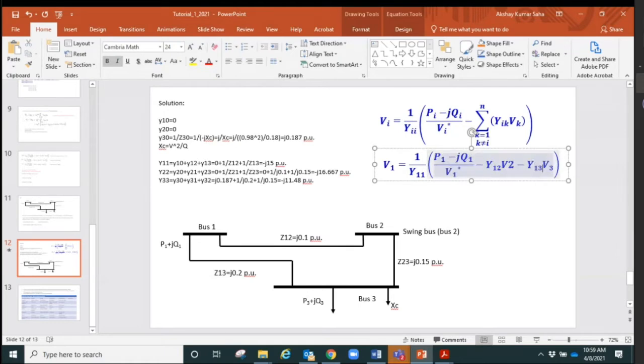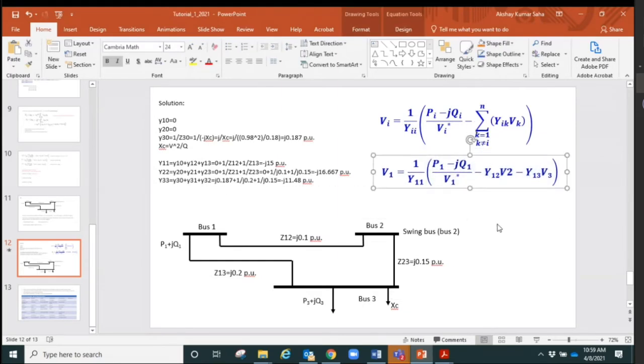Is that clear? So if you use all the values of the voltages and powers, you should now be able to find the value of V1. Can you do that and let me know?